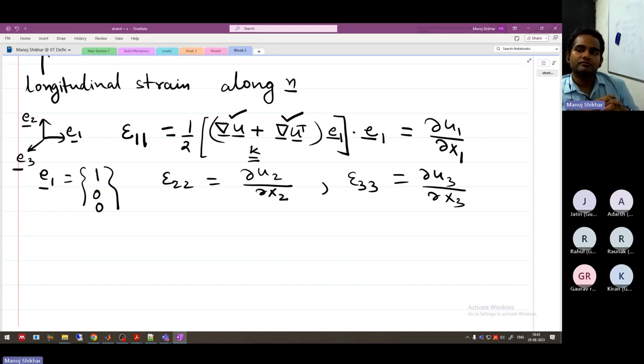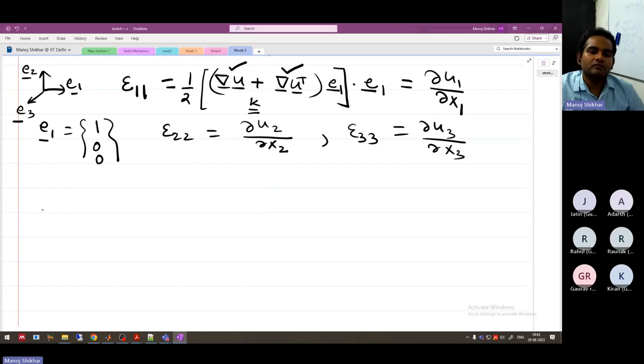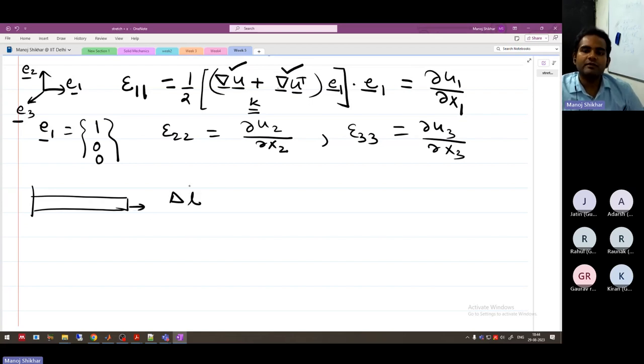Suppose I have a bar and I tell you to find the longitudinal strain using your class 11th concept. Suppose I'm telling you to find epsilon 1 and this is the E1 direction. You will find the change in length.